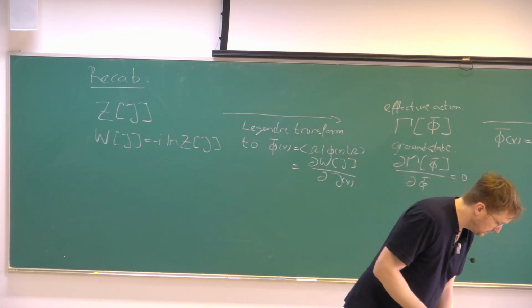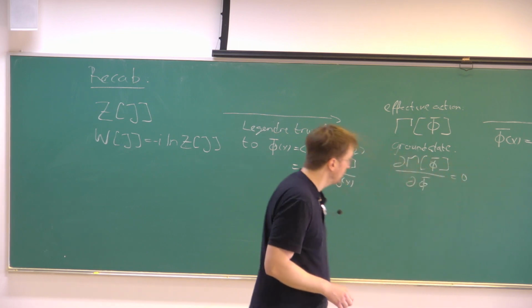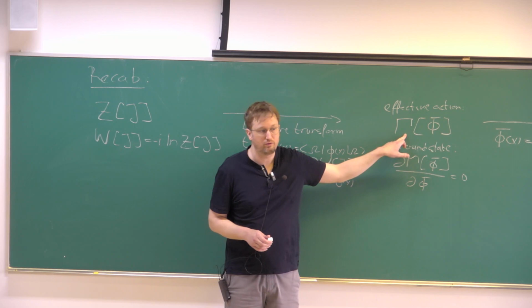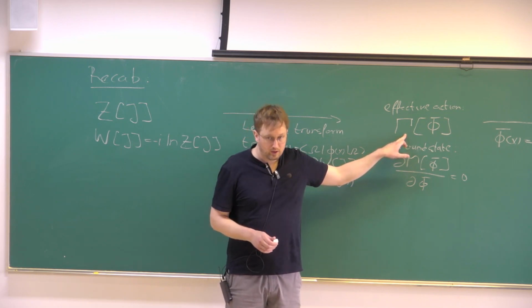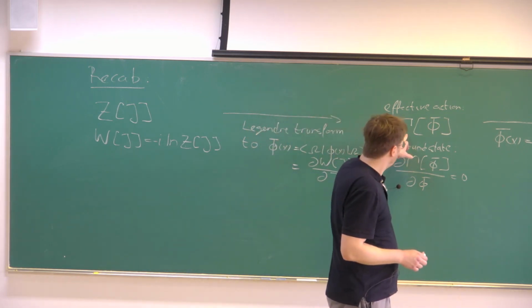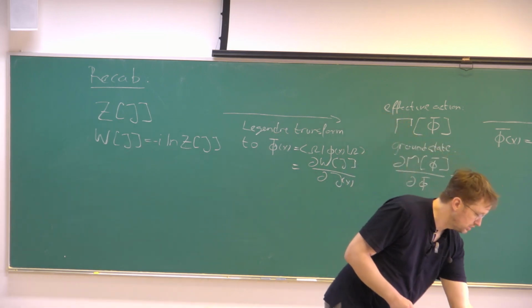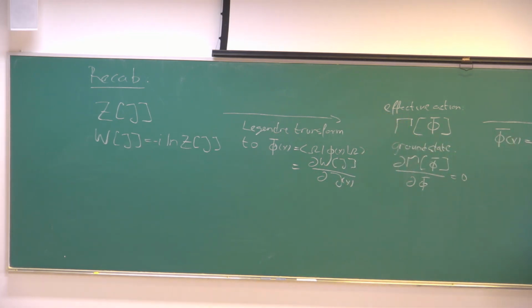Okay, and the final thing, and then we start with something new. We use the fact that this is the generating functional of 1PI correlators. Using this, we could derive this nice formula for the effective potential.